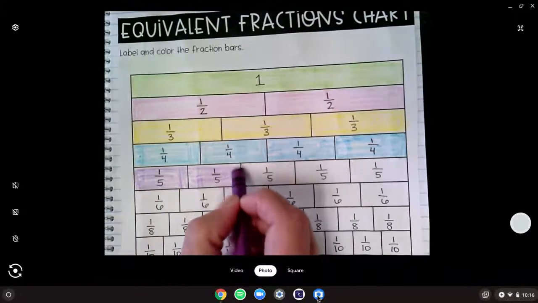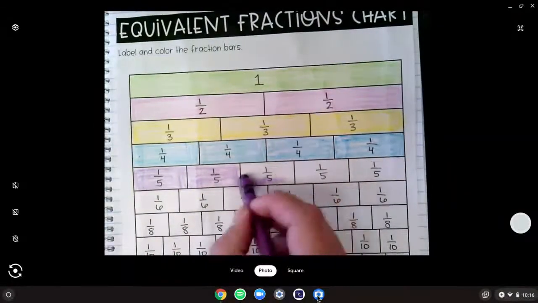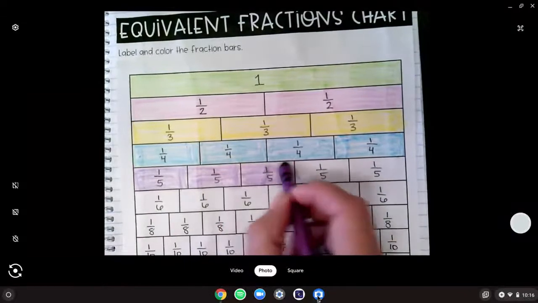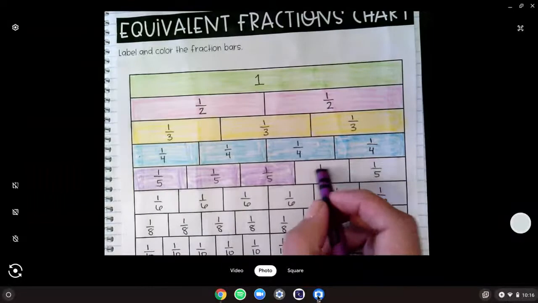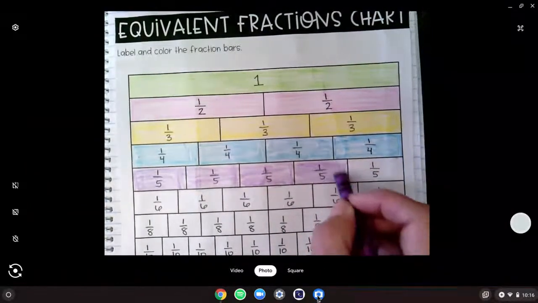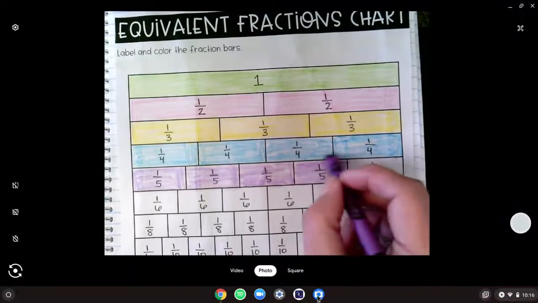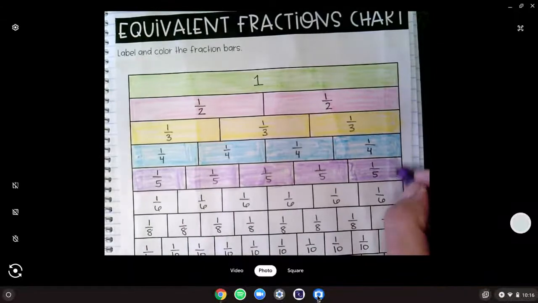Have you noticed anything about our fraction bars yet? Like the ones that we've colored? They're colorful. What else do you notice? They all make one whole. Our denominators are getting bigger.